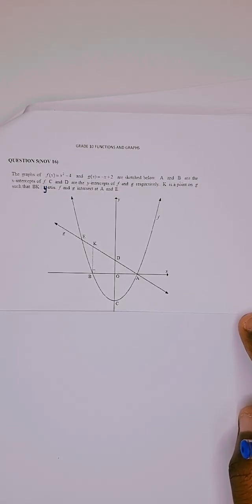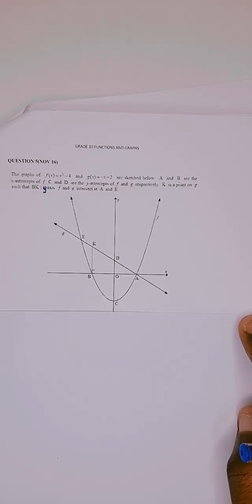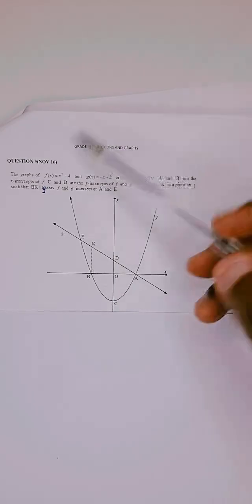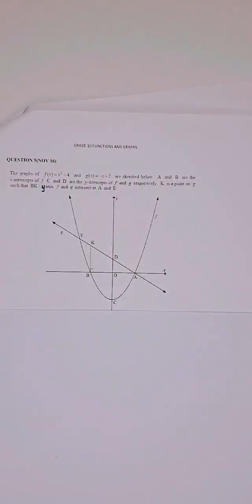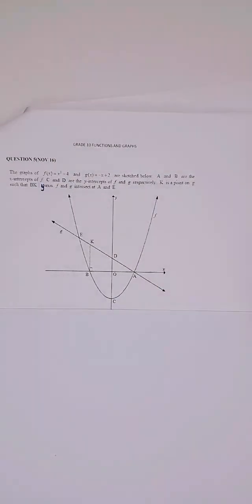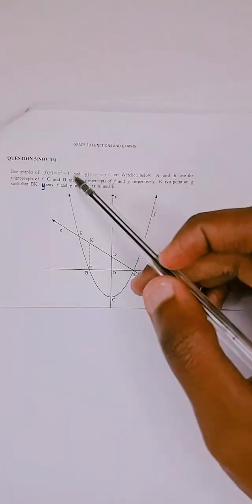So let us get this show on the road. The first question that we have before us here at the top says, the graphs of f of x is equal to x squared minus 4. Okay, so guys, please, f of x is equal to x squared minus 4.